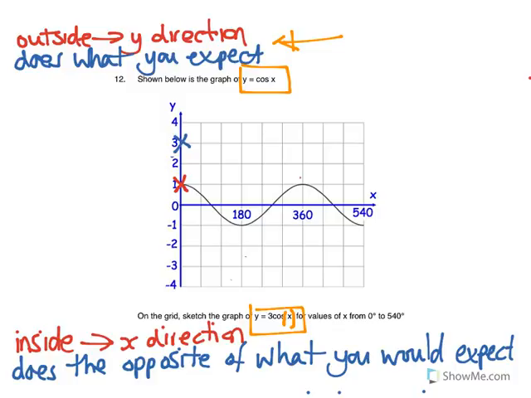The x coordinate is not going to change. Our next key point here, the y value is 0, so when I times 0 by 3, I still get 0, so that coordinate's actually not going to change. My next one, the y coordinate is -1, so I need to times that by 3, so that will end up at -3.